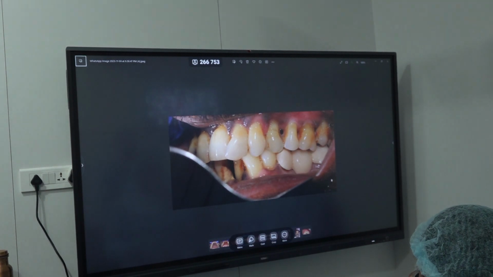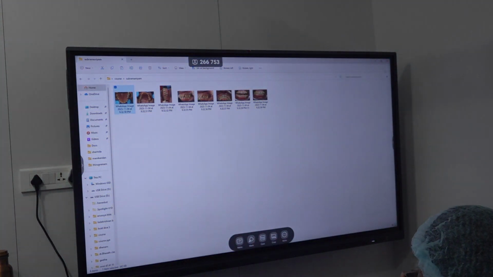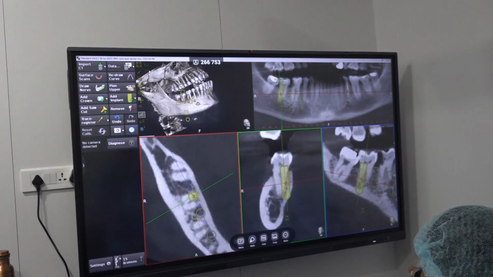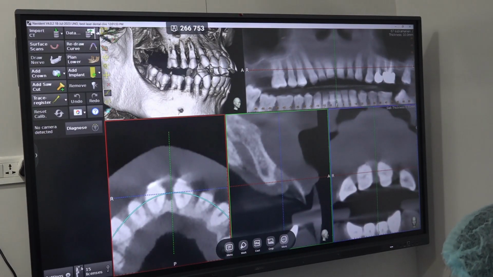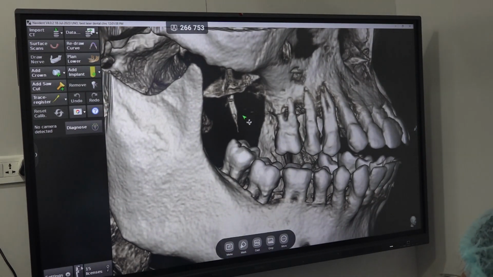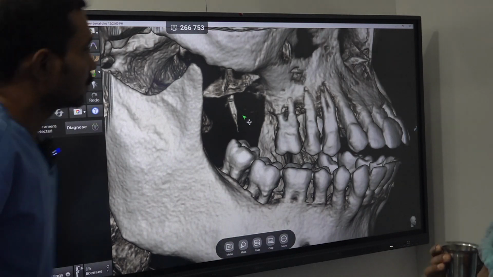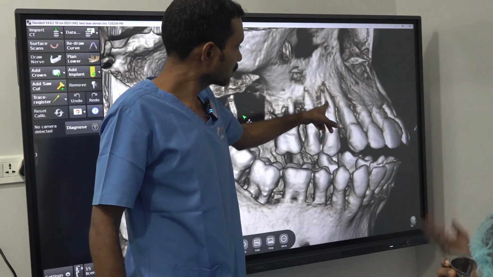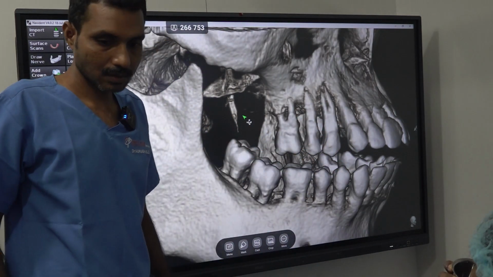Now we will see the X-ray. Patient name, no? Subramanian. So this is 4, 5, 6. What is this variation? Apparently it is 2 roots, no? Something. 3 roots are there.